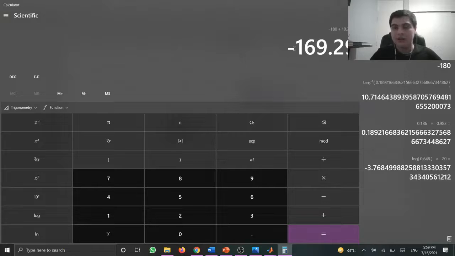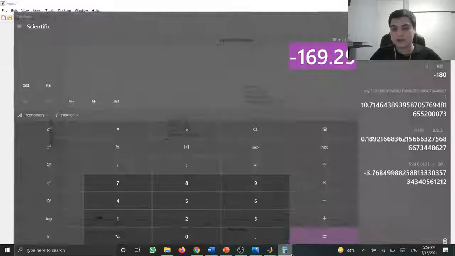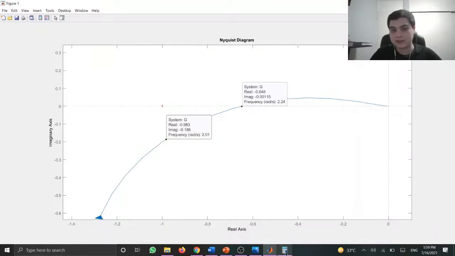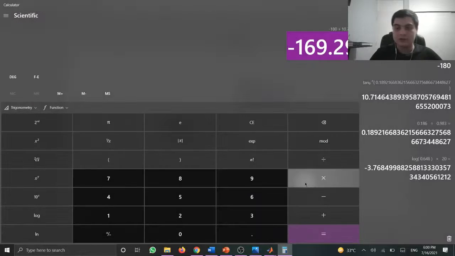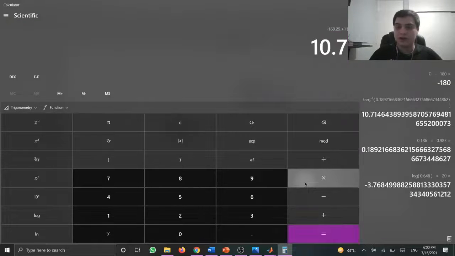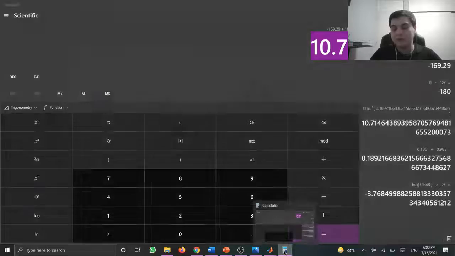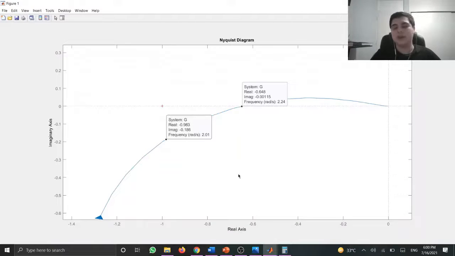Here we have that the value of the phase in this instance is going to be -169.29 degrees. So in order to find the phase margin, we need to sum this value with 180, and we're going to find that the phase margin is approximately 10.71, which is very close to the one we got in both examples.